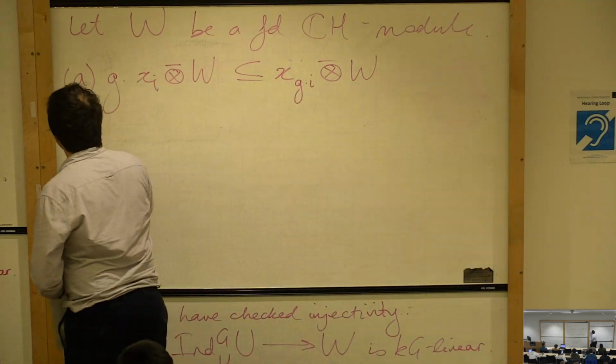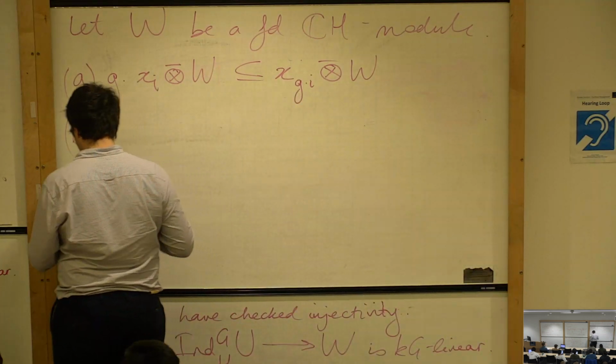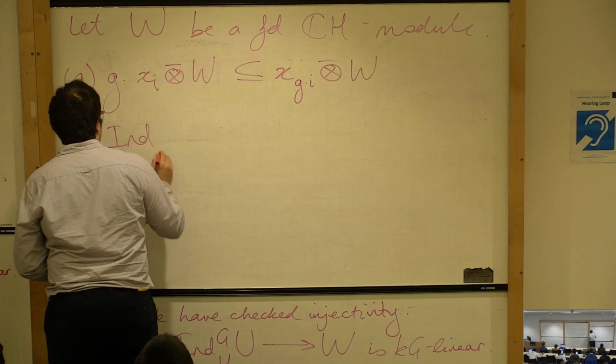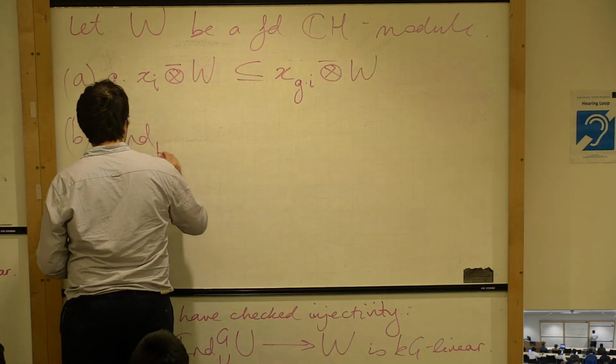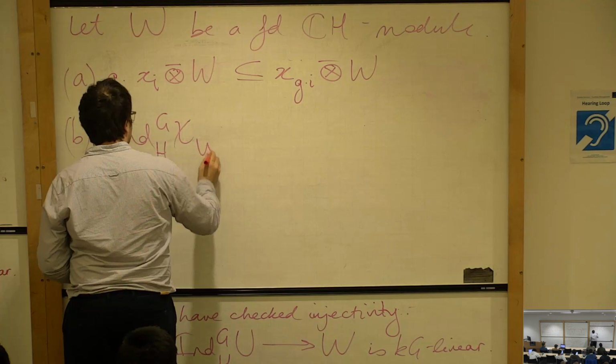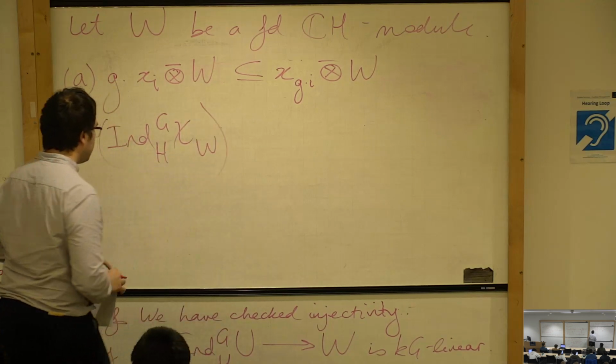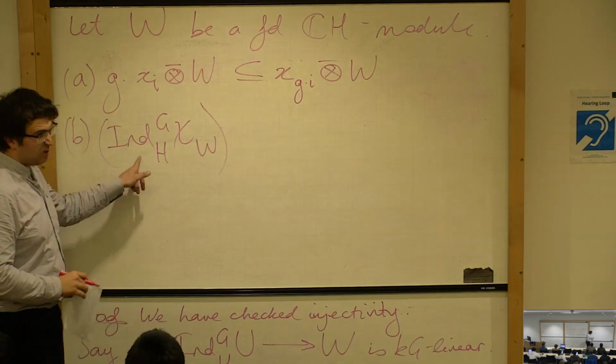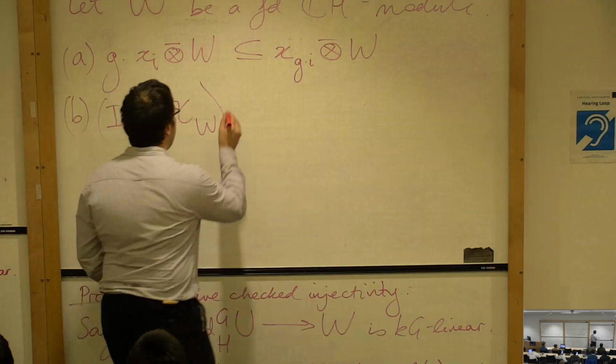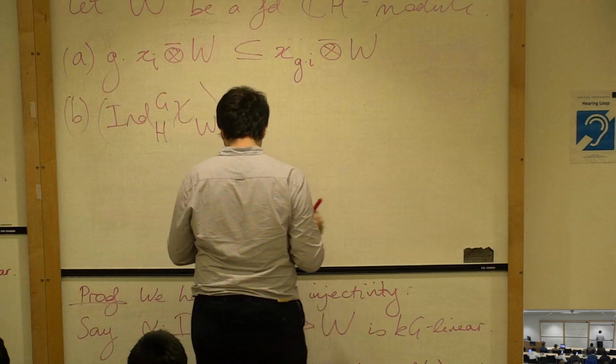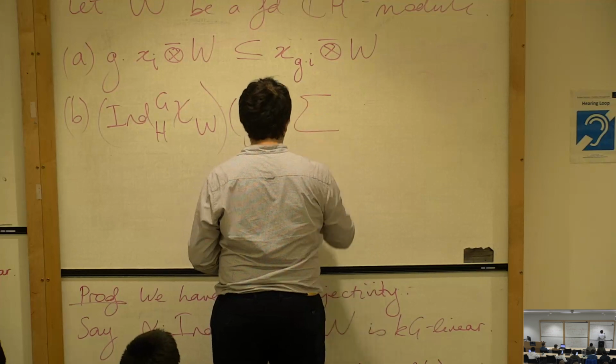And moreover, you can compute the character of the induced representation, or as a character theorist will say, you can compute the induced character at g by means of the following formula.